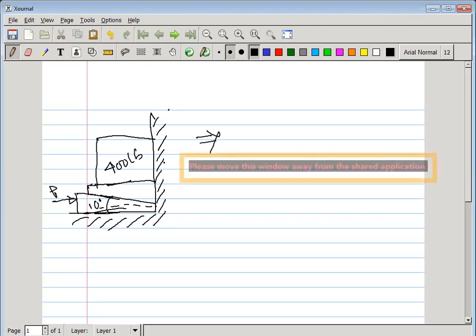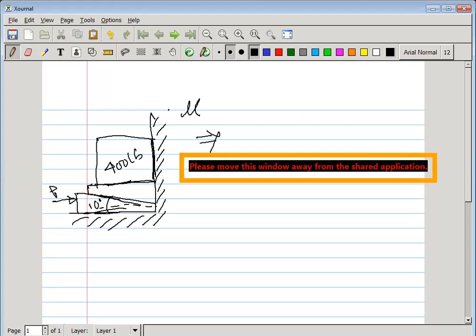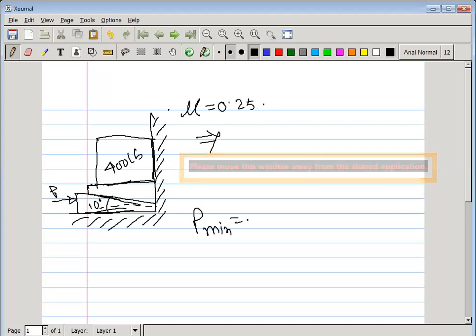Suppose the coefficient of friction at all surfaces, this contact surface, this contact surface, this contact surface, and this contact surface, is the same. If you consider it a magnitude of 0.25, then we have to find out what the minimum P is.